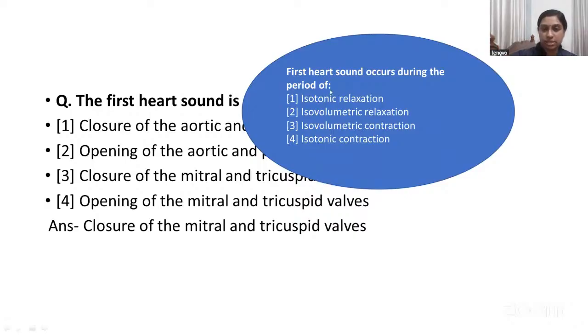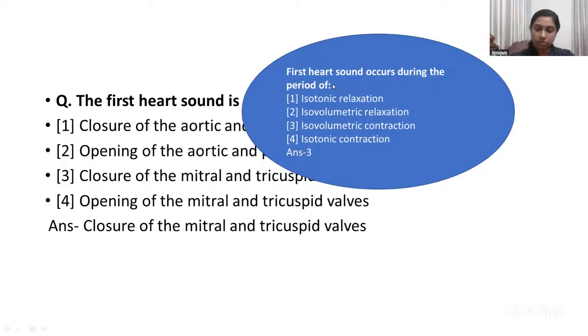So, this is another question. First heart sound occurs during which period? Okay. There are different phases of cardiac cycle. And in which period does the first heart sound, which is produced by the closure of mitral and tricuspid valves, occur? That's the isovolumetric contraction phase. What happens is initially atrial contraction or atrial systole occurs and the blood will be coming to the ventricle.